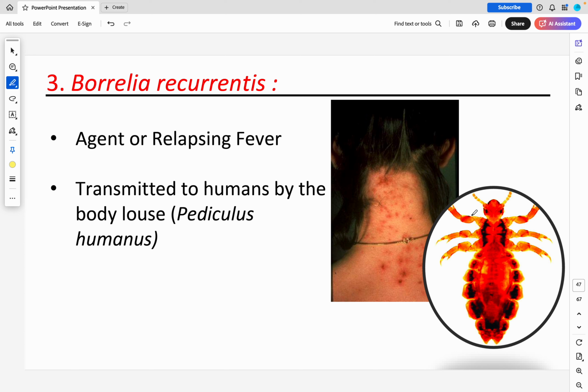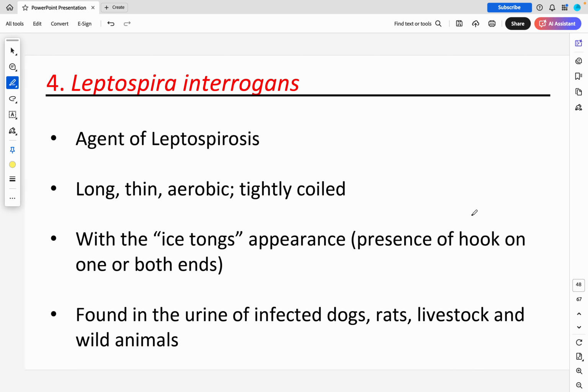Then there is Borrelia recurrentis, which is the causative agent for relapsing fever. It's transmitted by another invertebrate, Pediculus humanus, the body louse. Then we have Leptospira, which is another important type species for the spirochetes, the causative agent of leptospirosis.